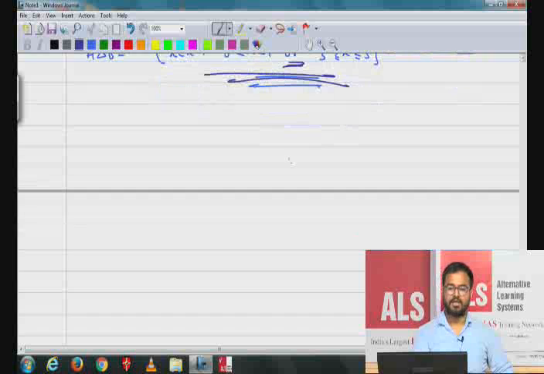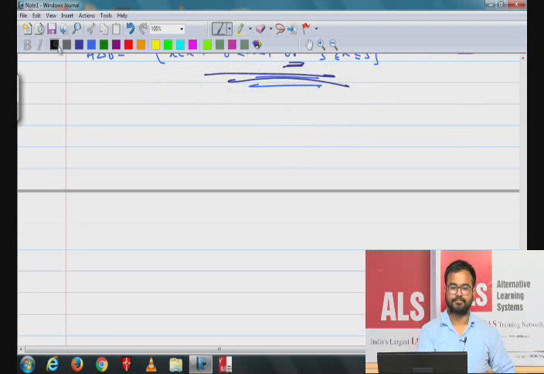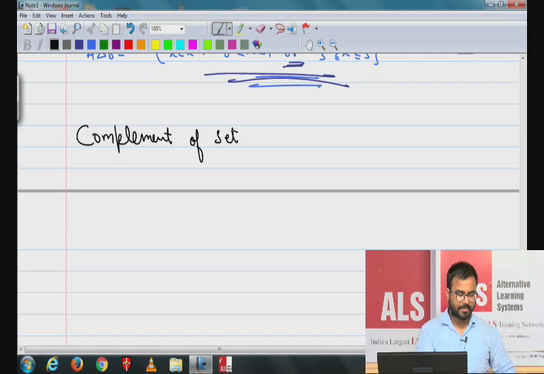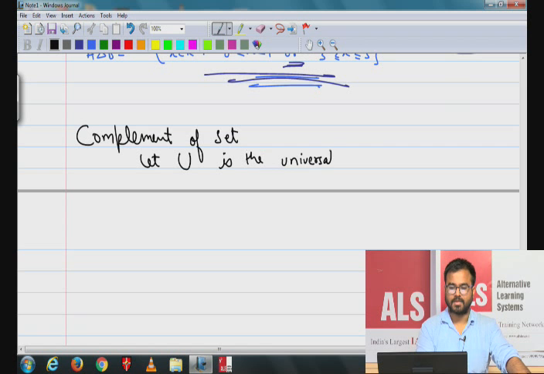Okay. Now the next one is the complement of a set. The complement of a set means, suppose there is a universal set, and I have told you what a universal set is.